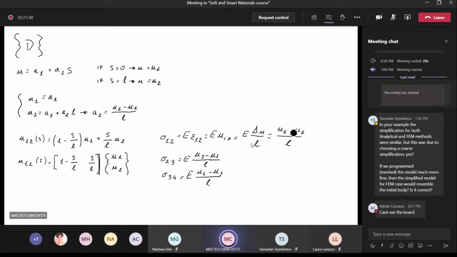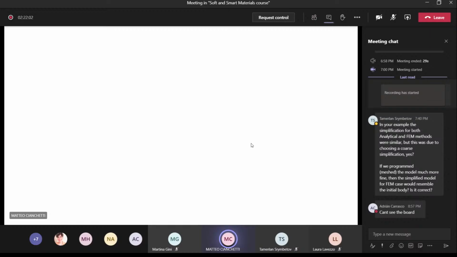So now we have all the elements to compare the analytical solution that we found at the beginning and the FEM approach that we found now. I can also rewrite all the equations here if you like, just for your reference.